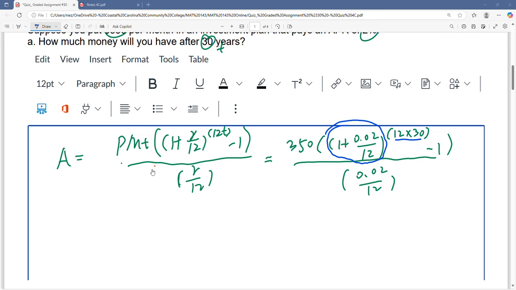If you know 12 times 30 is 360, then you don't need the parentheses. And then minus 1, and then parentheses.